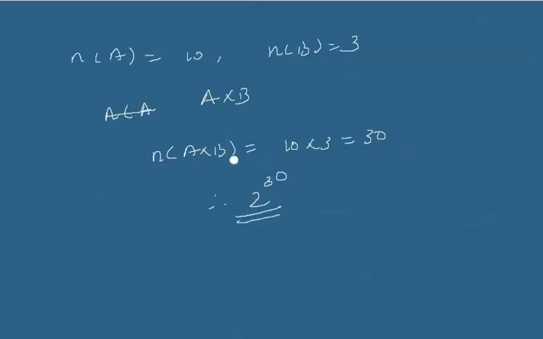Clear? Now, let us see the next topic, relation. Shall we take an example? I'll take a small example: X is equal to {2, 5, 7} and Y is equal to {5, 9}.